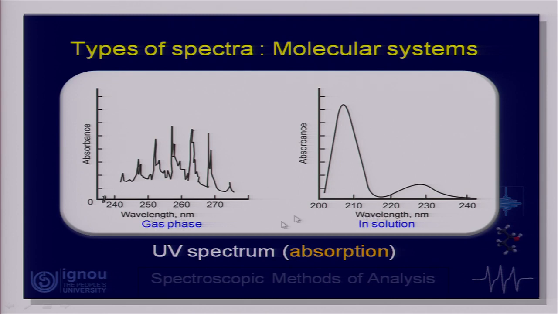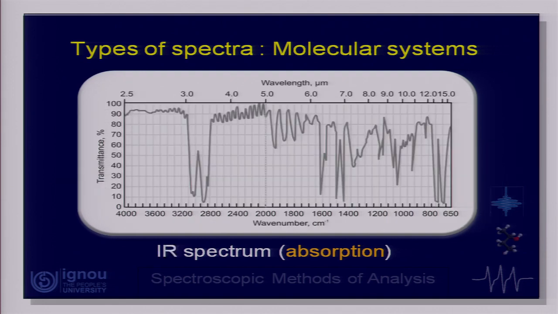As against what we observed in atomic systems, where there were distinct lines, now we are getting broad bands, and there are two big bands here. The spectrum of a gas phase system is different from that in solution. This we will talk about in the next session when we talk about UV spectroscopy. But what is important is that the spectrum looks like this. Okay. Let us move further.